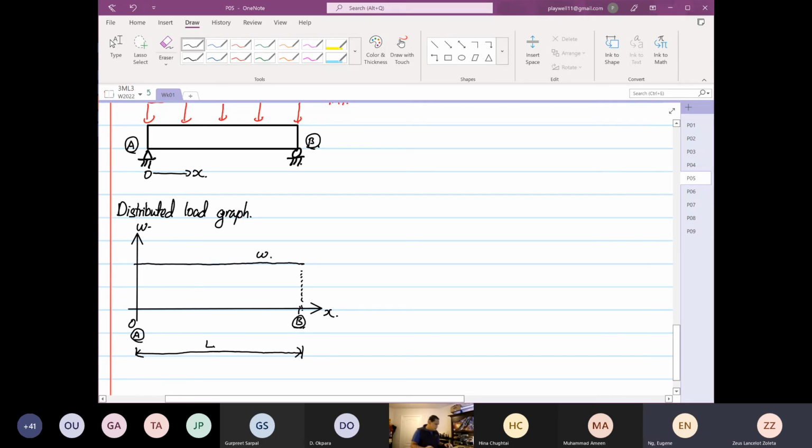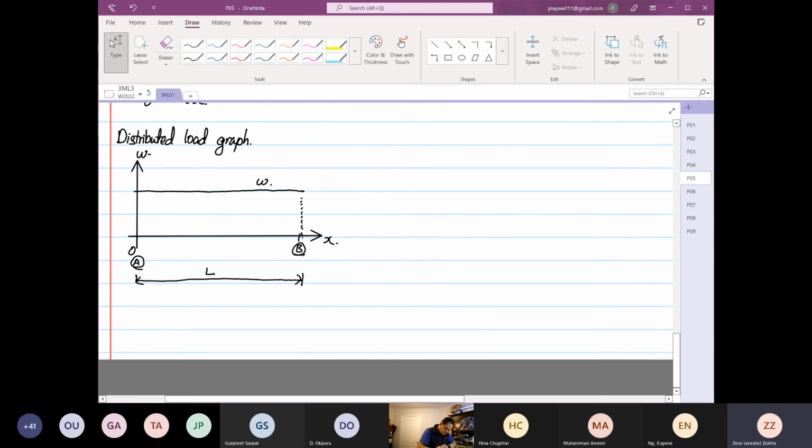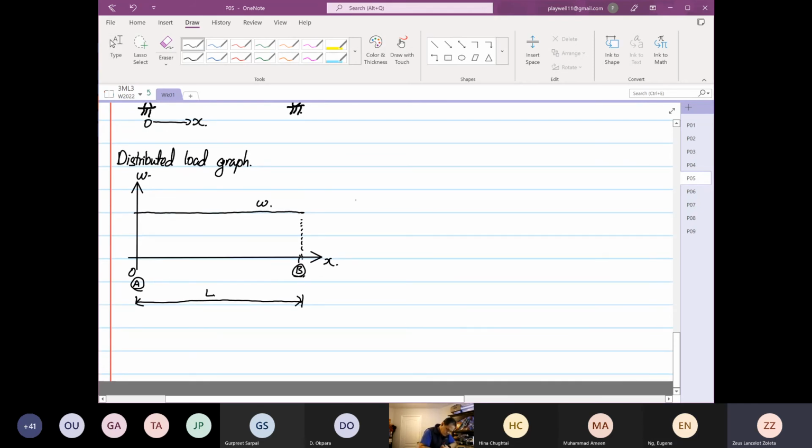So the equivalent load is the area under the line, so it's this area over here.